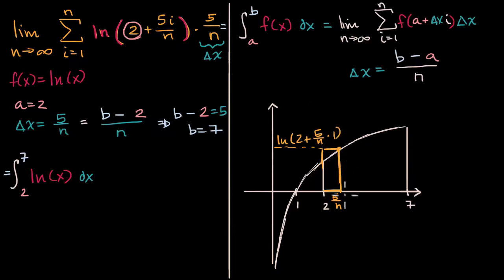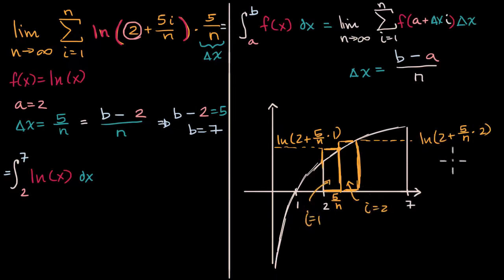And we could keep going. This one right over here, the width is the same, 5 over n. But what's the height? Well, the height here is going to be the natural log of 2 plus 5 over n times 2. This is for i is equal to 2. This is i is equal to 1. And so hopefully you are seeing that this makes sense.